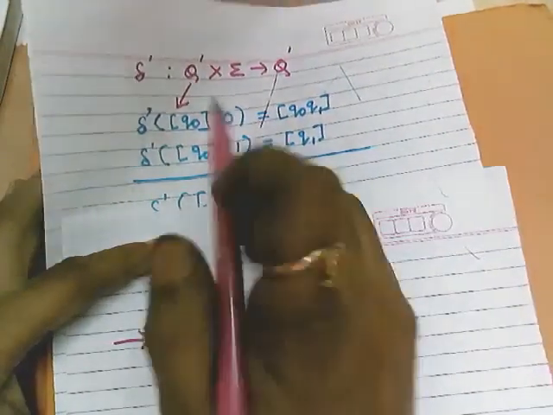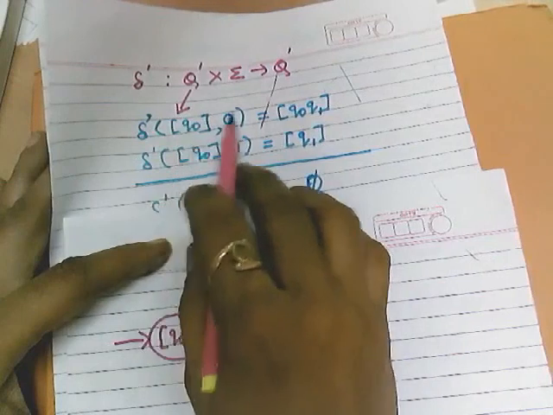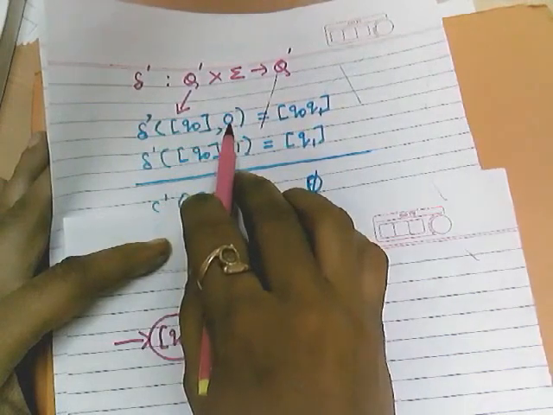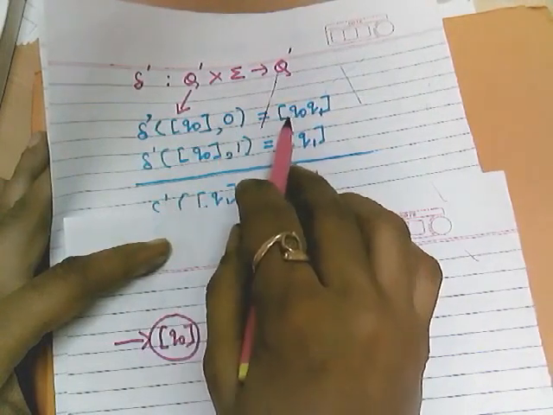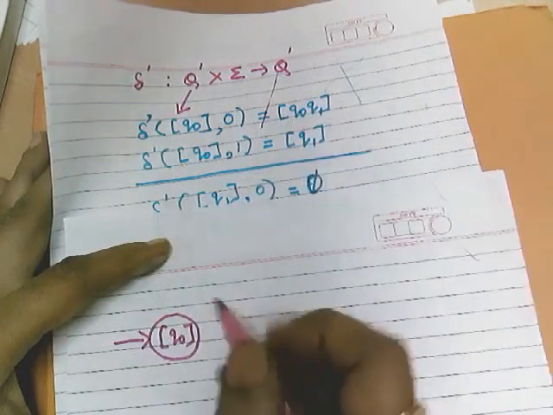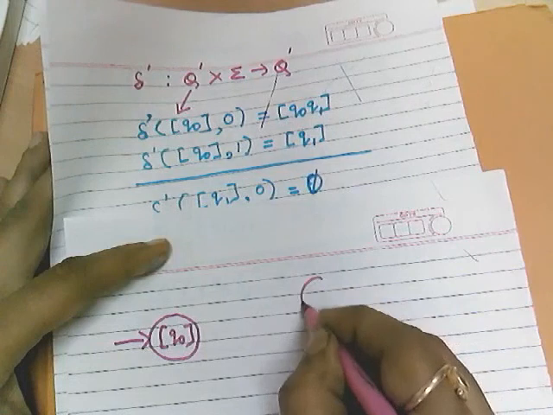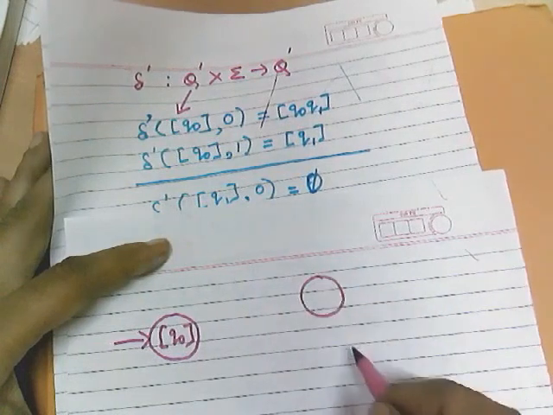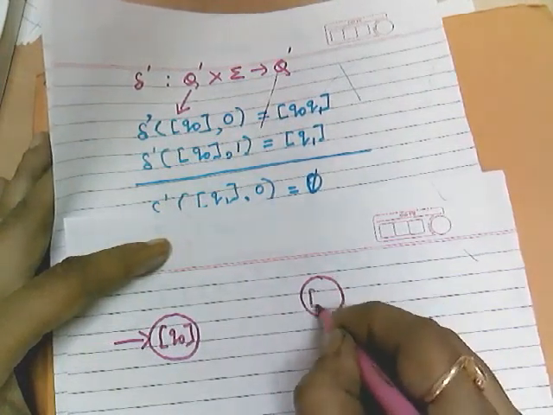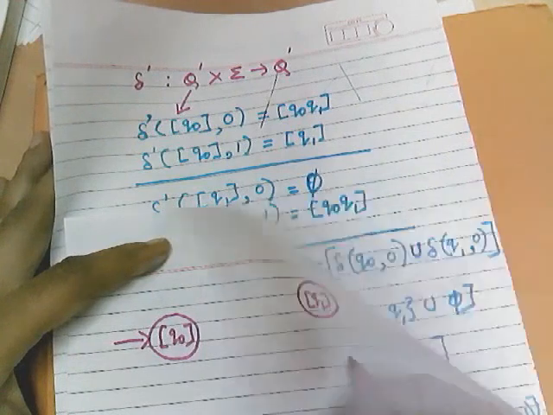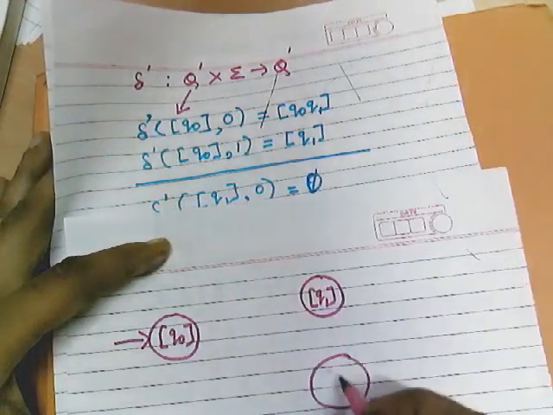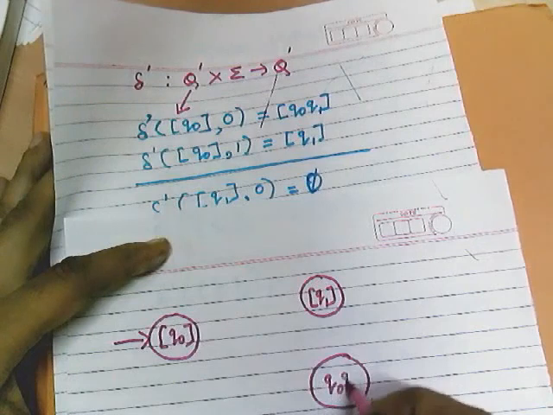Next, Q0 on 0 moves to a state which is named as Q0 Q1. So I am making one state as Q1, and there will be a state which is named as Q0 Q1.